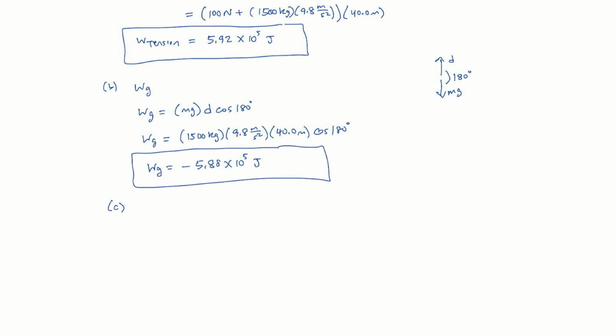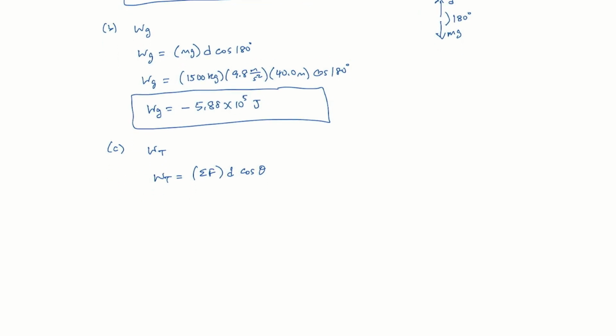Okay, part C, we need to find the total work. I'll use T for total. So that's going to be the total force times the displacement times the cosine of the angle between the total force and the displacement. Since it moves up, that would be 0 degrees, but we'll leave it as theta.